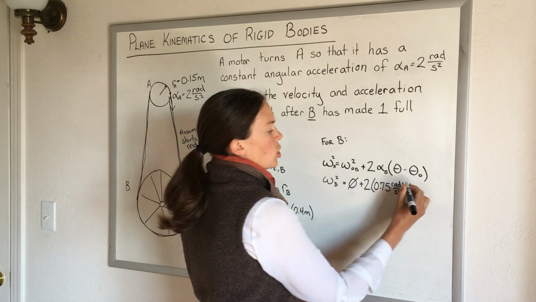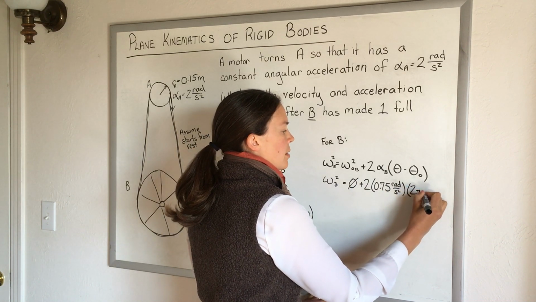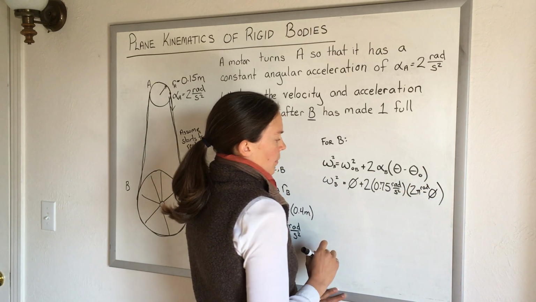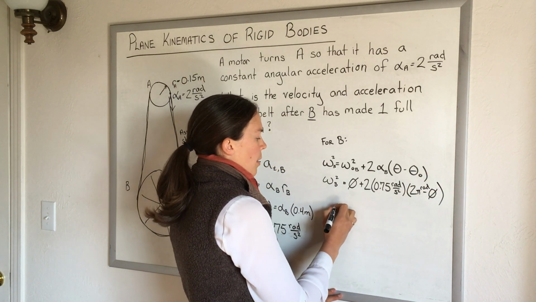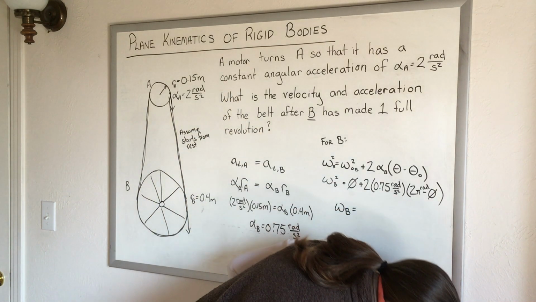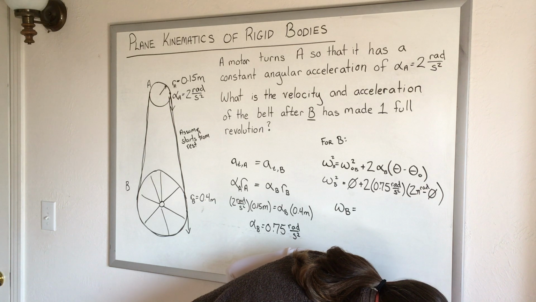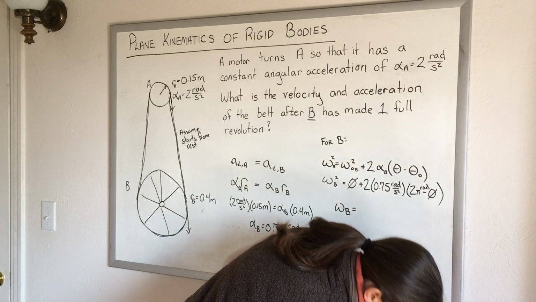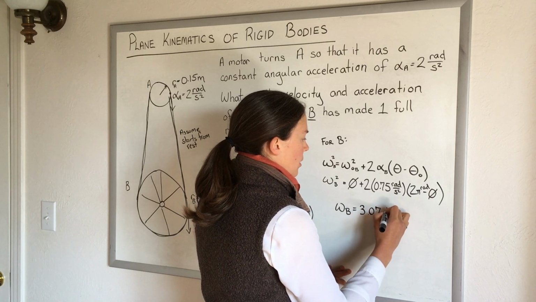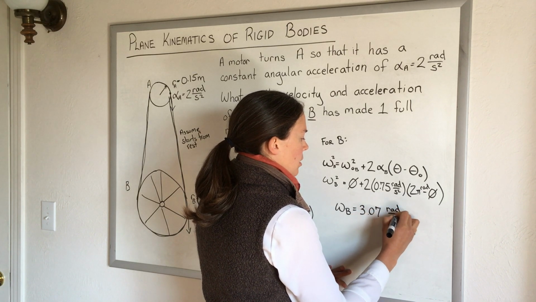One full revolution is 2 pi radians minus 0 radians. And so this will give me that my final angular velocity of B is 3.07 radians per second.